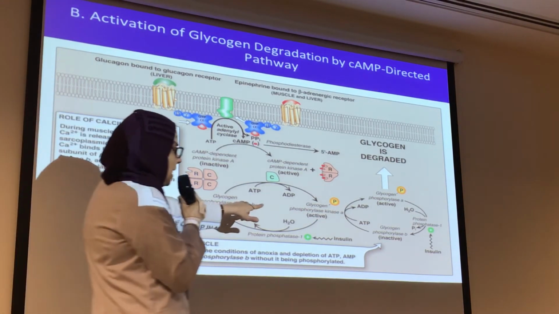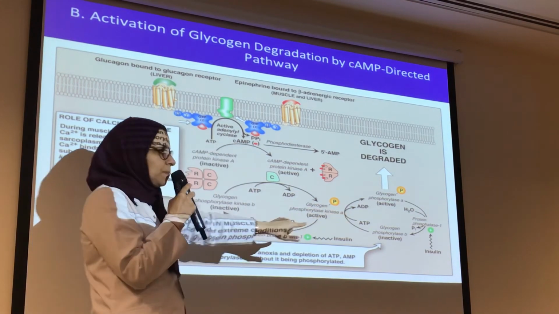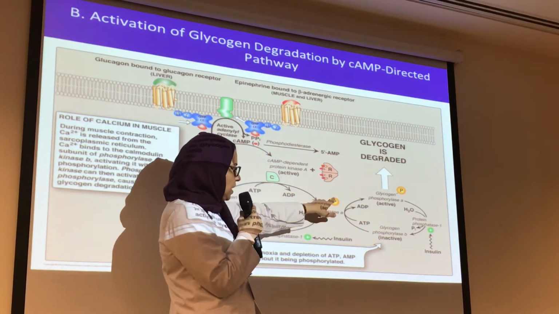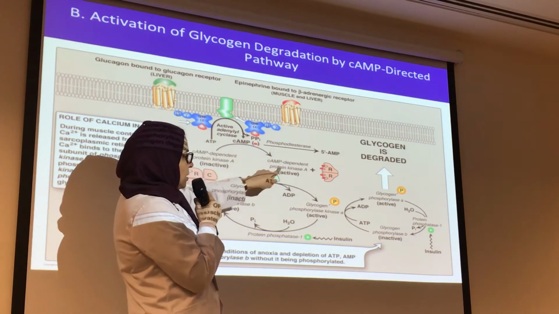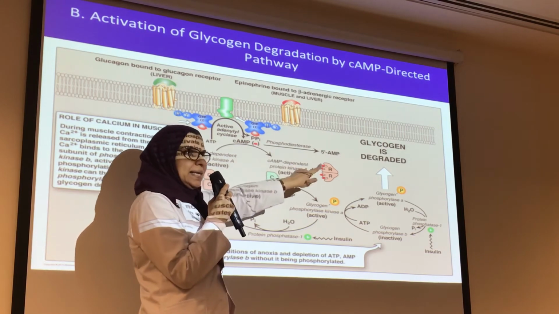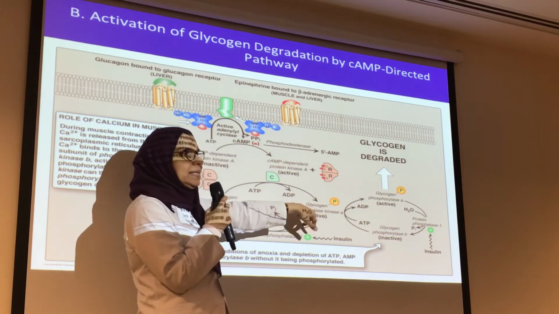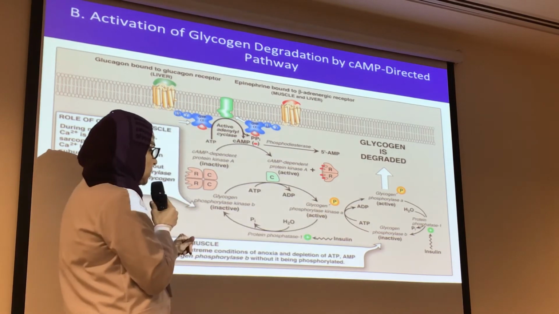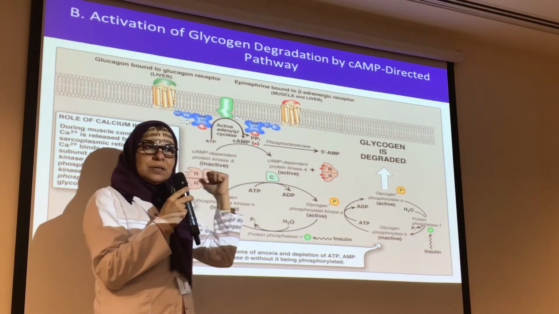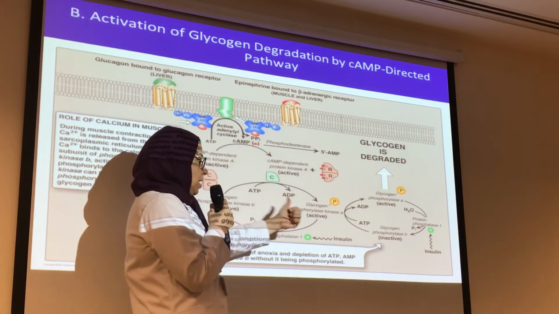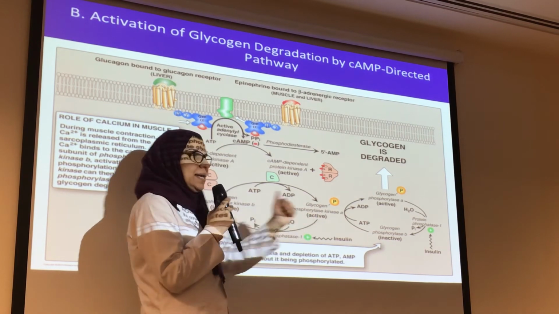So the phosphorylase kinase, is it active when it is phosphorylated or no? Yes, you see here, phosphorylated P is active, okay? So the protein kinase A will add a phosphate group to the phosphorylase kinase, making it active. Okay, so this is the enzyme I was telling you about, that calcium can activate, the phosphorylase kinase.